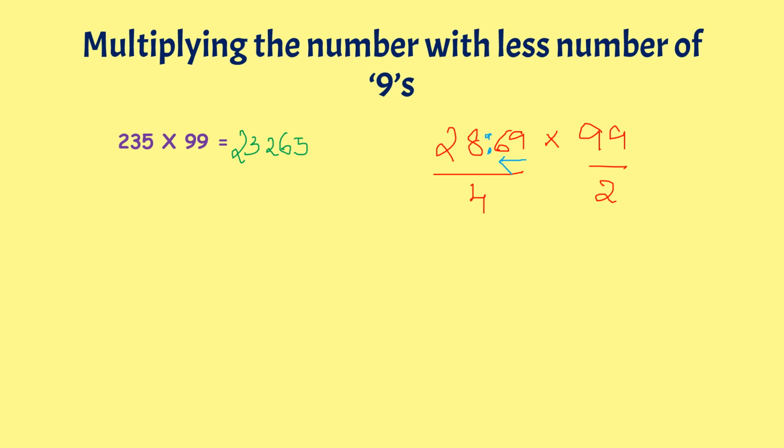The next step is to add 1 to the number before the colon, so the number becomes 2969. This we have to subtract from this number. As 99 is a 2-digit number, I am going to subtract this 69 from 100.